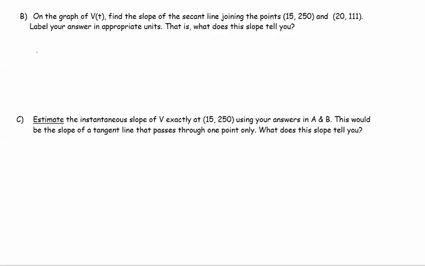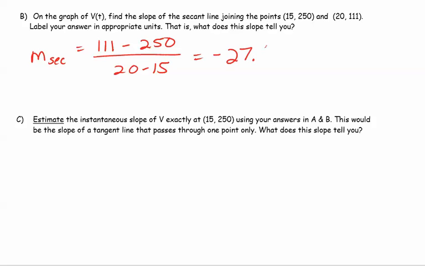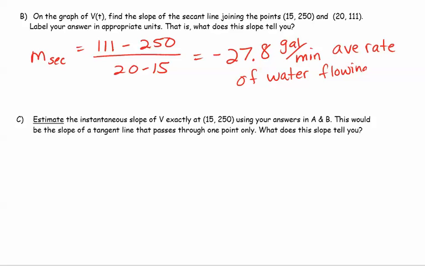And now we want to do another problem over a different interval. So the slope of this secant, change in y, change in x, and I get negative 27.8 gallons per minute. So this is the average rate of water flowing out of the tank over this interval.